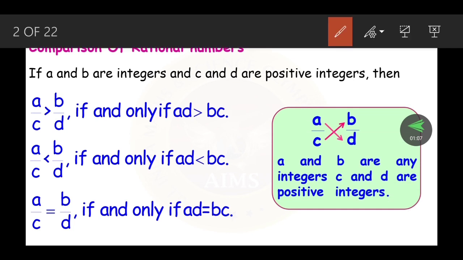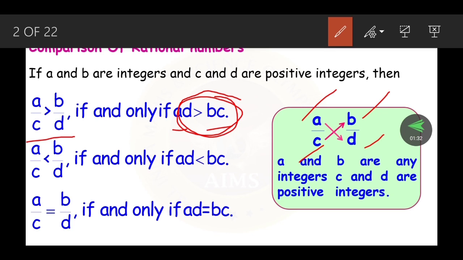Suppose we have a by c and b by d, two rational numbers. By cross multiplying a with d, b with c, what products will we get? One is ad, another one is bc. Just by comparing the products ad and bc, we can compare the fractions.